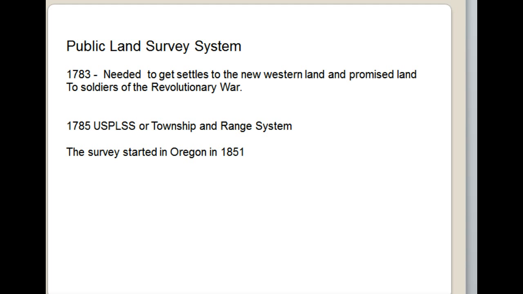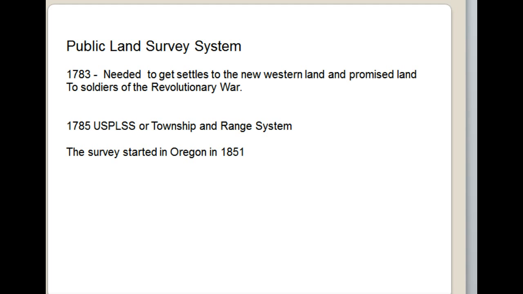And so they needed to find a way to devise a system of identifying land parcels so that they could give it to people. And so in 1785, they developed the USPLSS, or the PLSS, or Township and Range System.